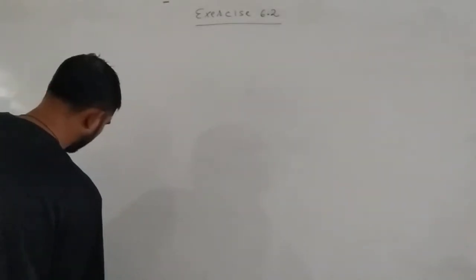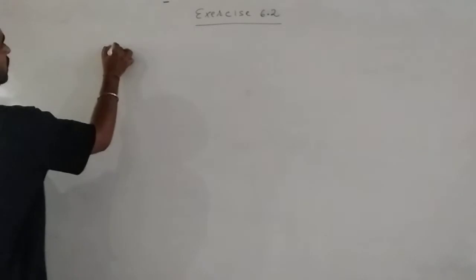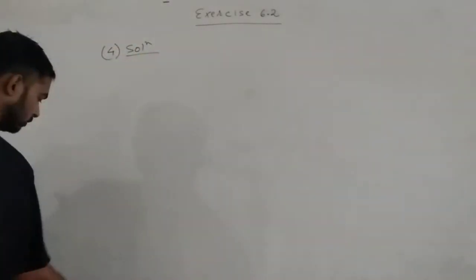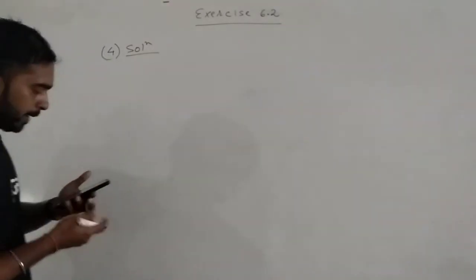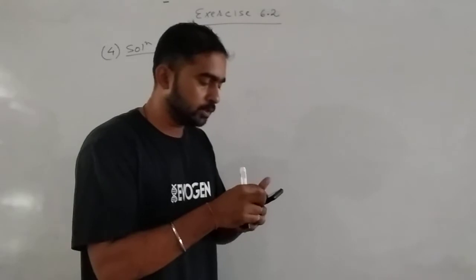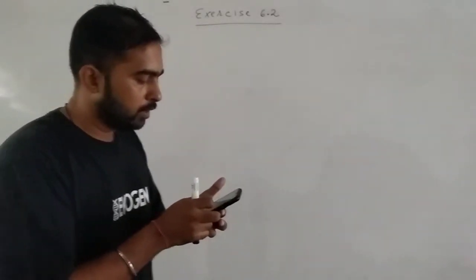Now see question number 4. If m plus 2, 4m minus 6 and 3m minus 2 are 3 consecutive terms of an AP, then find the value of m.